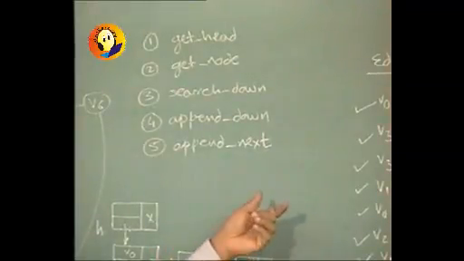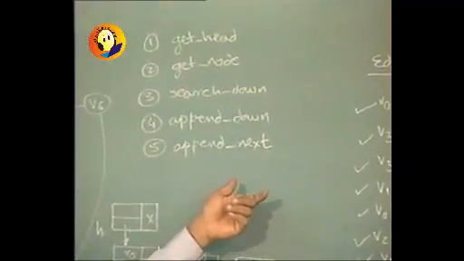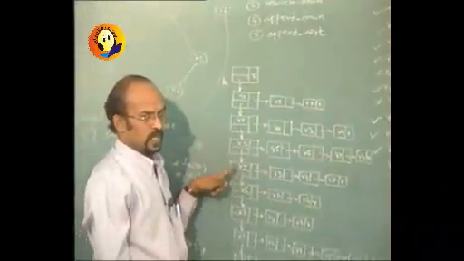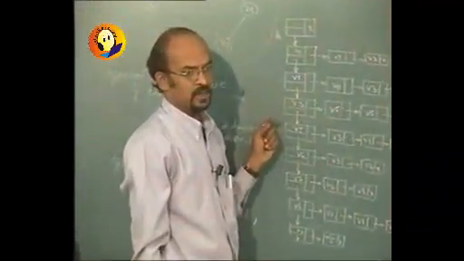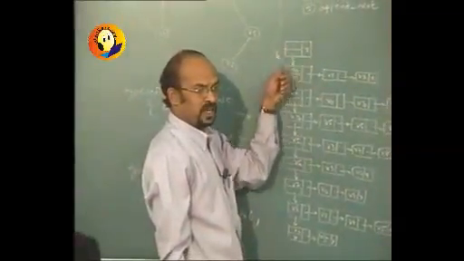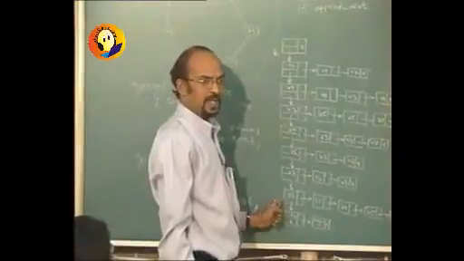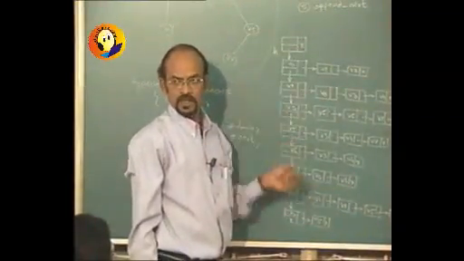Take a node, take the list, take the edge, two vertices, search for the first vertex in the down list. If found, append its next by the second vertex. Search for the second vertex in the down list. If it is not found, append the down list and then append its next by the first one. This is the entire procedure.